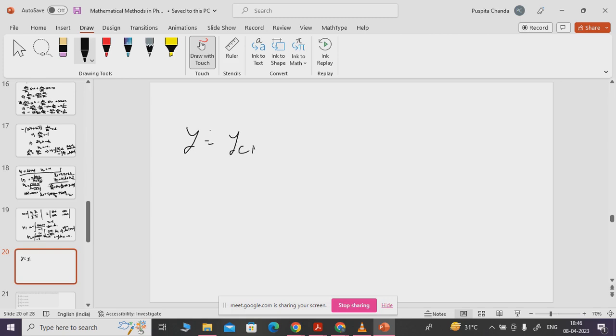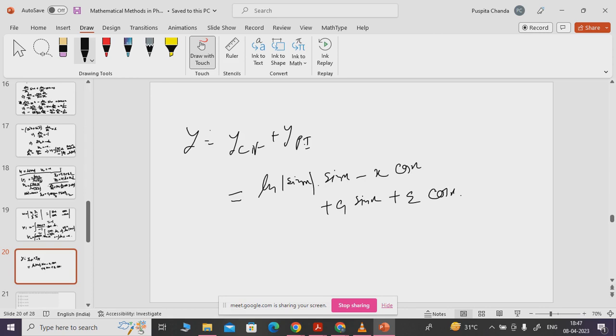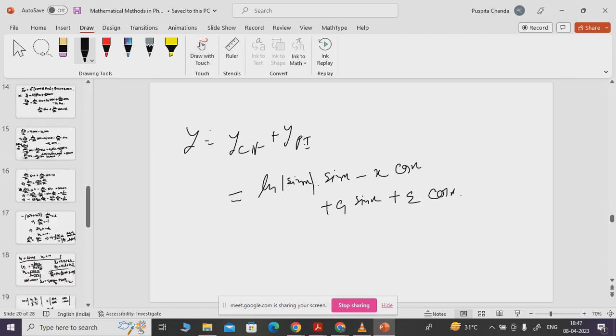So the whole solution will be ycf plus ypi, which is ln sin x into y1, which is sin x, minus x cos x plus c1 sin x plus c2 cos x.